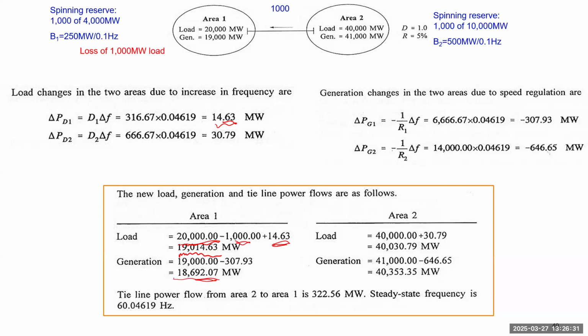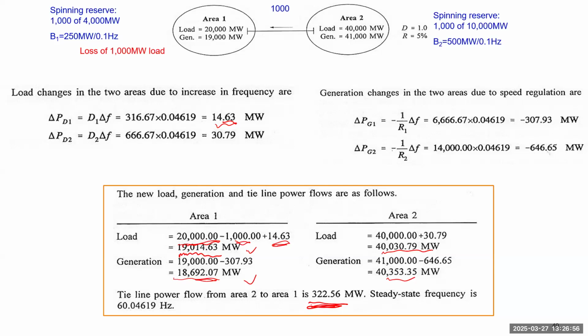And for area 2, it will be slightly higher than the original load because frequency is increased, and the generation is decreased. So if you compare this number and that number, the gap is 322.56 megawatt.